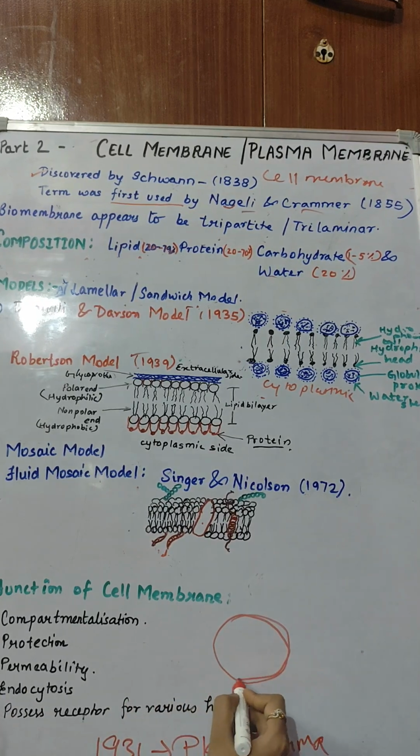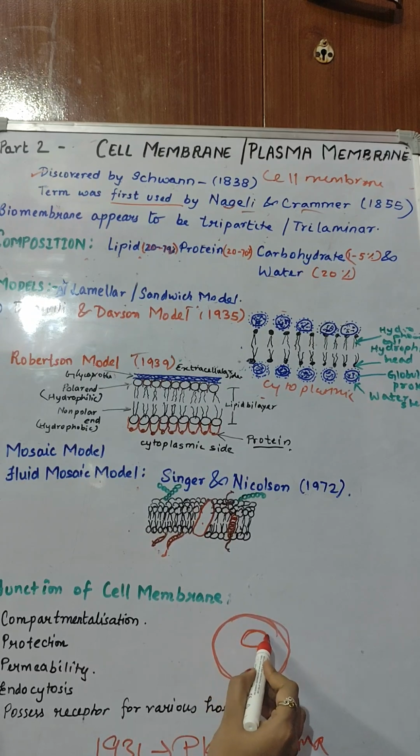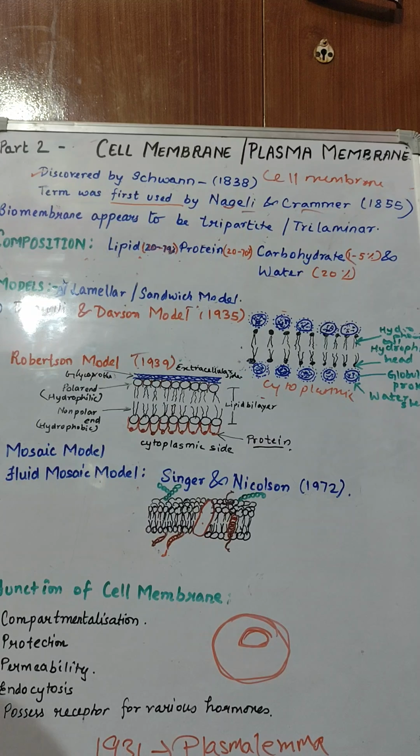It also covers the cytoplasmic organelles, all the cell organelles. They also have a membrane, the same as plasma membrane, the same as biomembrane. So the terms plasma membrane, biomembrane, cell membrane, cytoplasmic membrane, plasmalemma are all synonymous and all the same thing.